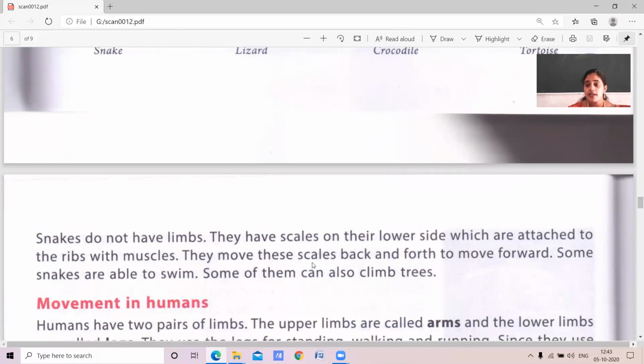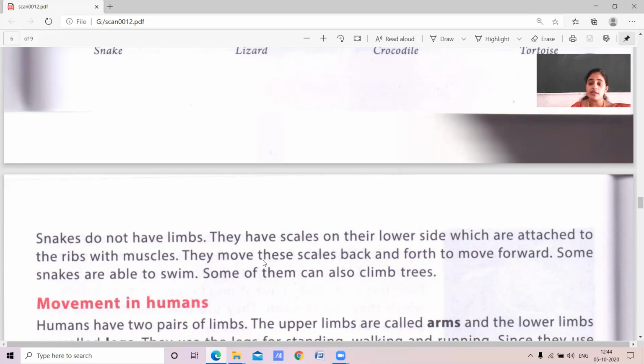Snakes do not have limbs, no children? Yes. They have scales on their lower side which are attached to the ribs with muscles. If you see the snakes, we can see the scales attached to the ribs by muscles. They move the scales back and front for moving from one place to another place.